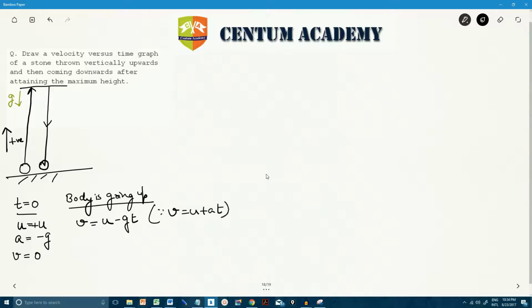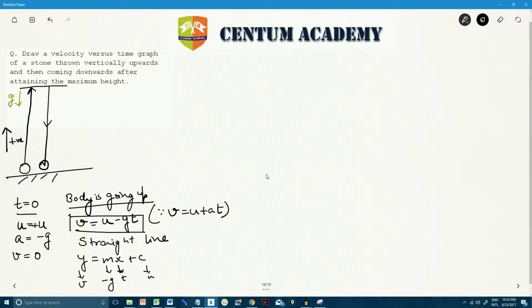Now here plus a is minus g. Now how to plot this? Mathematically, this is a straight line. Why? Because it is of the form y is equal to mx plus c, where x is time, c is u, m is minus g, and y is v.